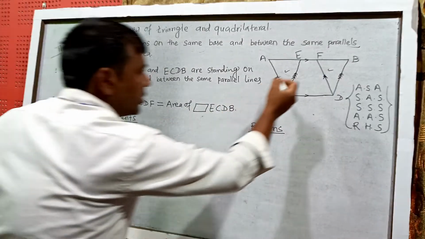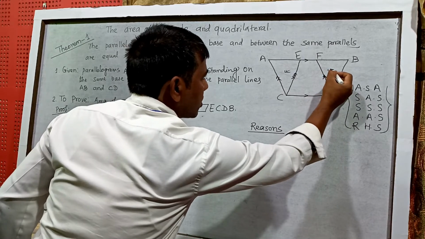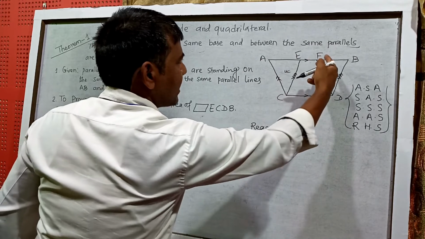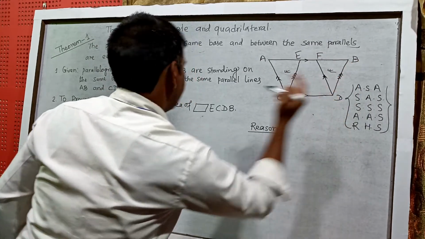Here we should show these two triangles congruent, triangle ACE and triangle FBD.